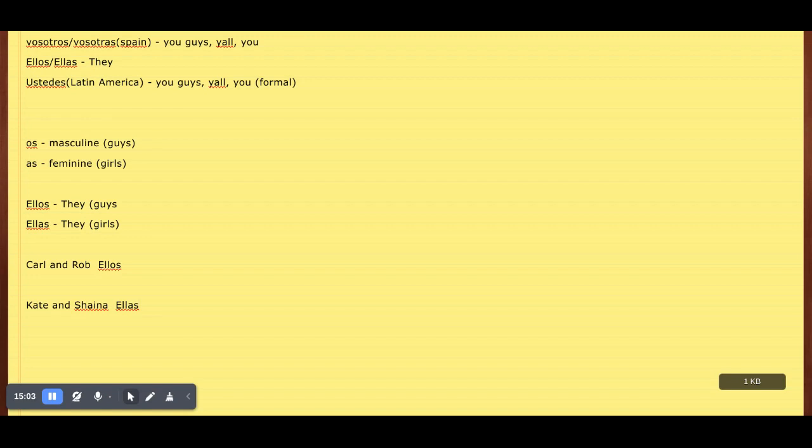So now let's talk about what's going to happen when we have a mixed group, because you may have already noticed, there's only two of these, yet you can have mixed groups and refer to people as they. So which one are we going to use? So in Spanish, masculine always dominates the feminine. That's how Spanish was set up, and that's the rule.